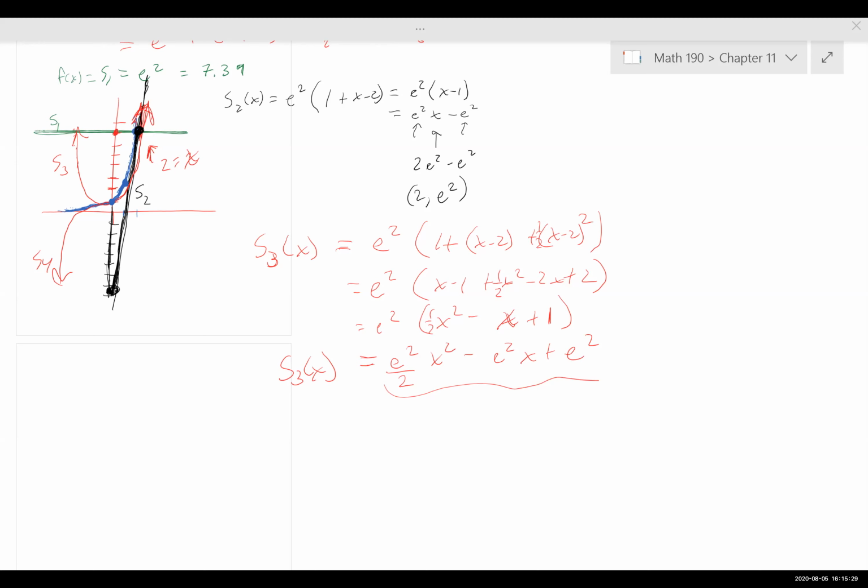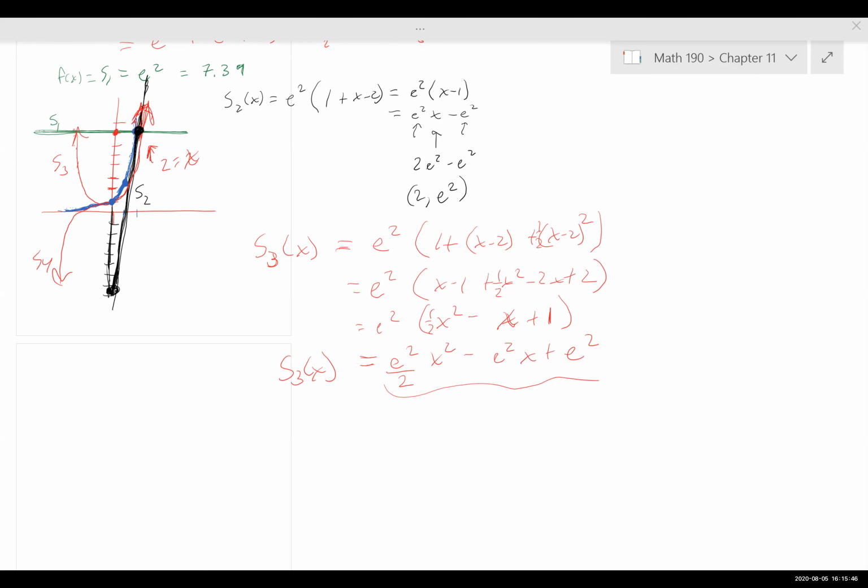There's that line. Let's do the next one here, which should be y equals e squared. I'm just going to write out the terms this time.